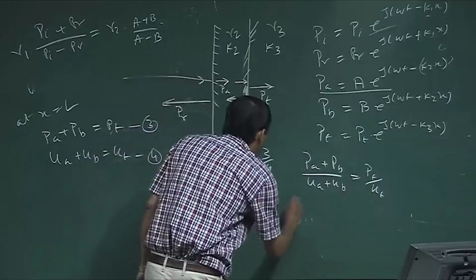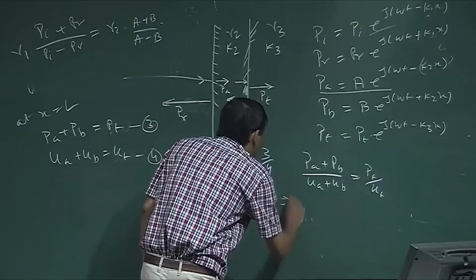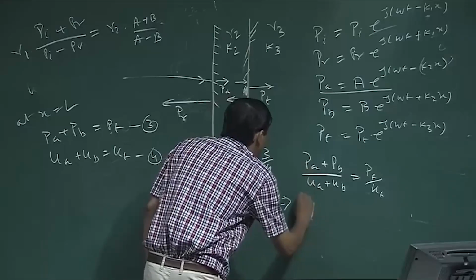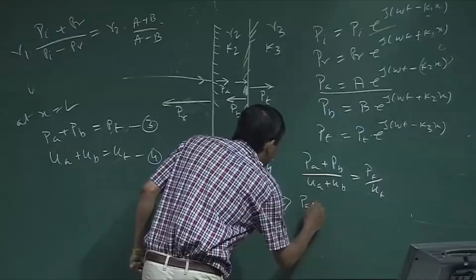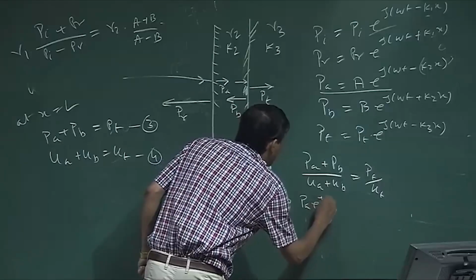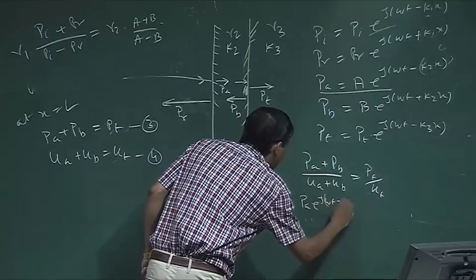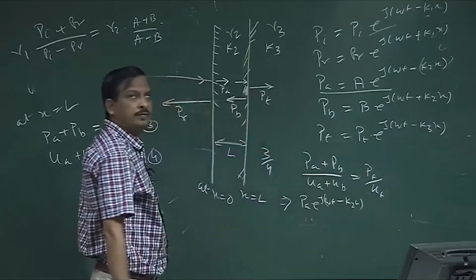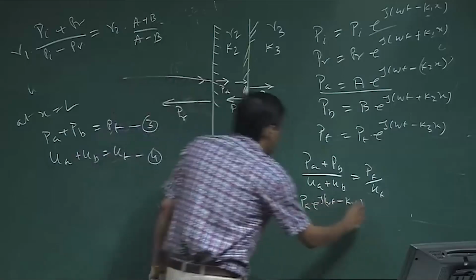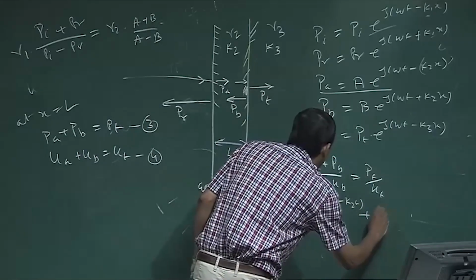Okay. So what is Pa at x equal to L? Pa is nothing but A into e to the power j omega t minus k2L, plus Pb, what is Pb?